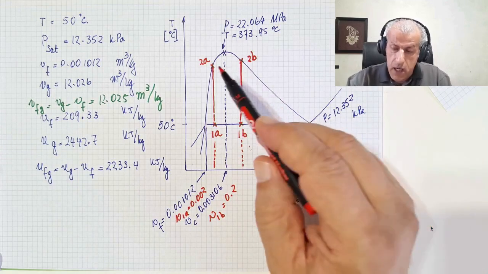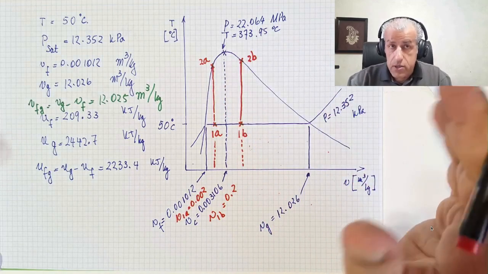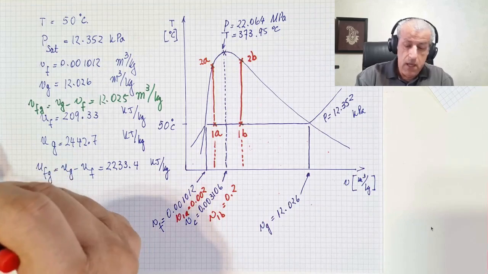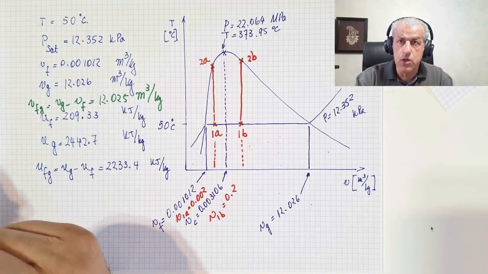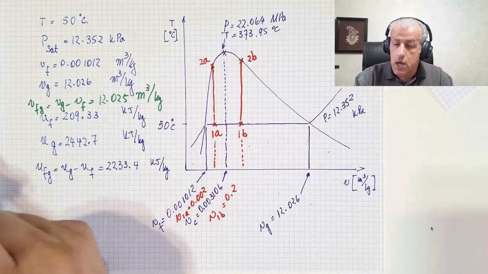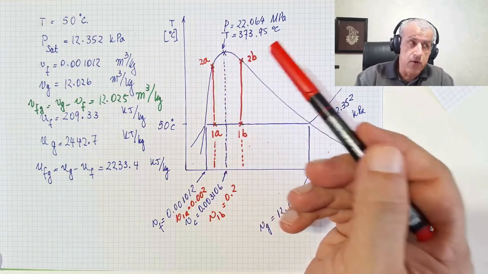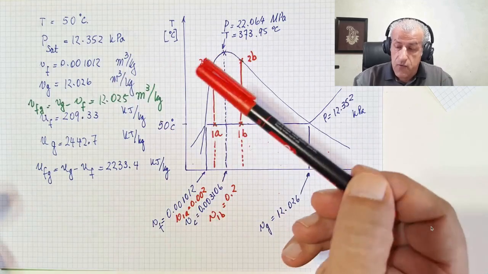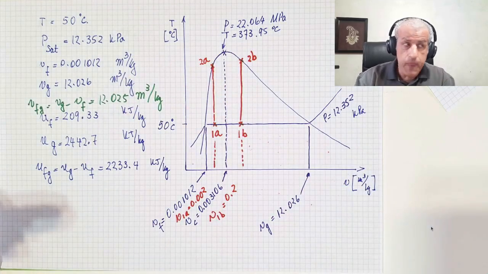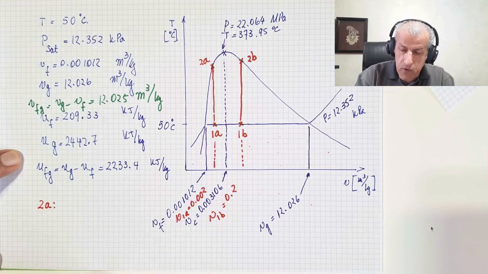Of course, I don't know the position of points 2A and 2B, but shortly I will find out what the properties of point 2 for A and B are, and whether I have drawn this correctly or not. You see, for point 2A, what do we know?